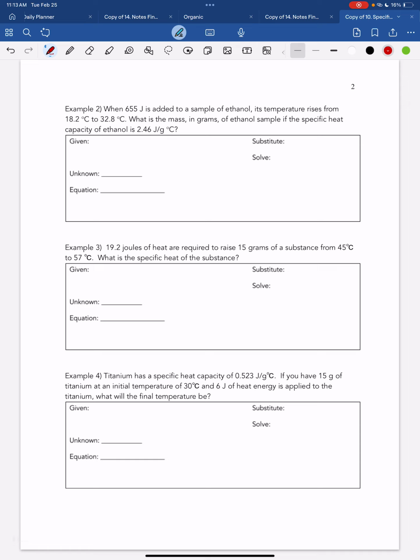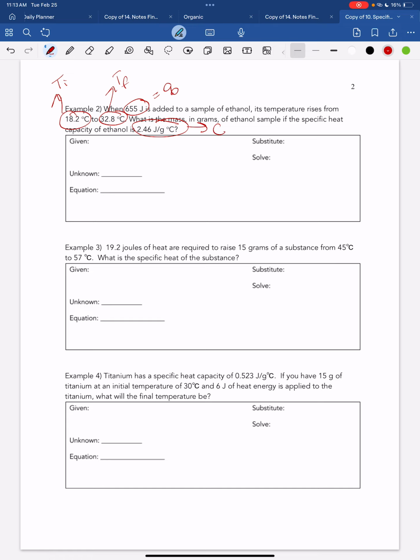When 655 joules, that's our Q, is added to a sample of ethanol, its temperature rises from 18.2 to 32.8. This is our TI and our TF. What is the mass in grams of an ethanol sample if the specific heat capacity is 2.46 joules per gram degree Celsius?